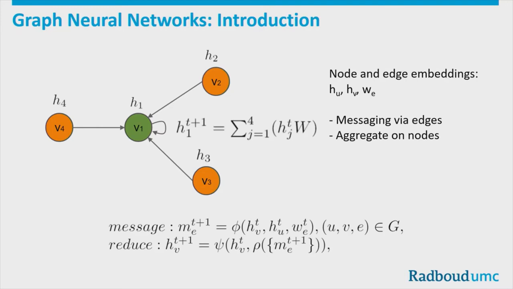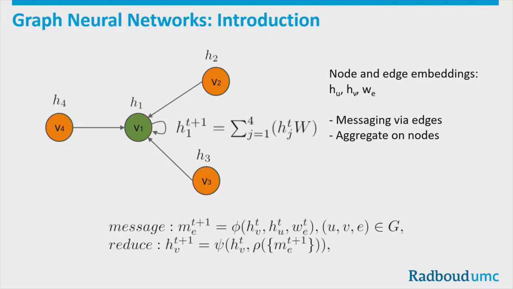By defining 2 types of functions. First is a messaging function, which basically says what message you want to send from nearby nodes to node 1. And second is the aggregation function, which defines, once you receive the messages from nearby nodes, how you are going to merge them.